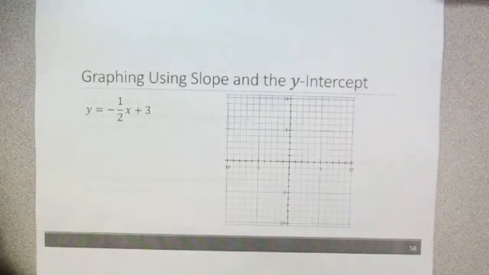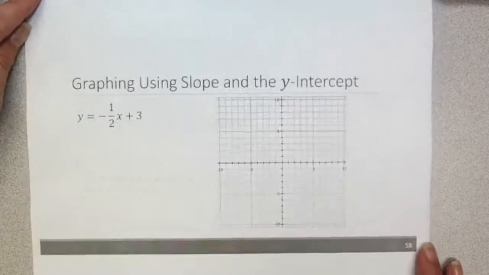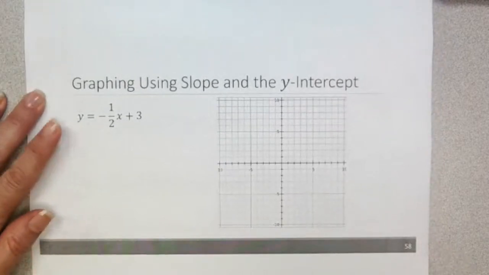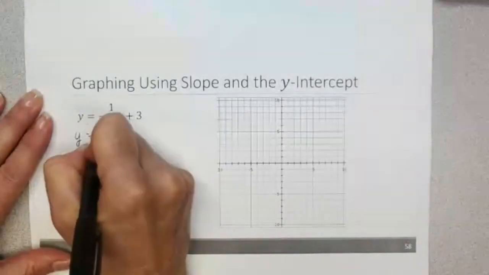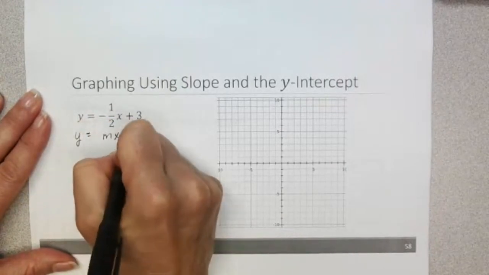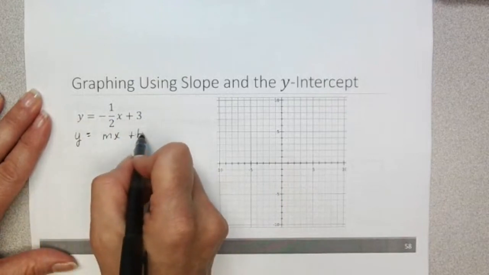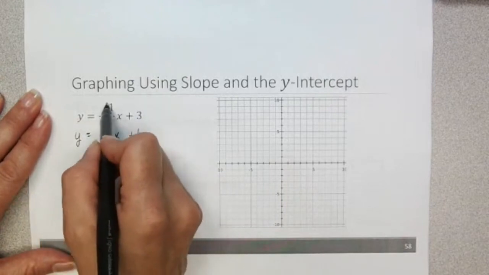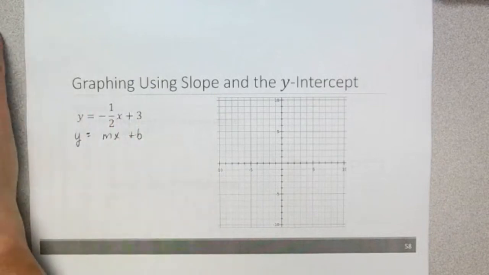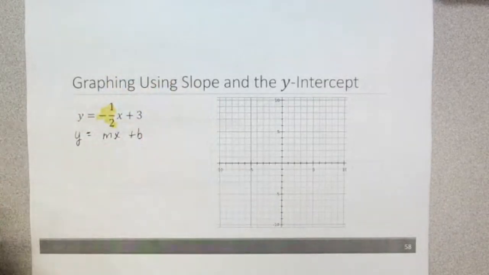All right, a second way to graph lines is using the slope-intercept form. If we have an equation in slope-intercept form, we know a lot about that equation, right? If y equals mx plus b is the form, m, our slope, is the coefficient to the x term, or in this case, -1/2, okay?